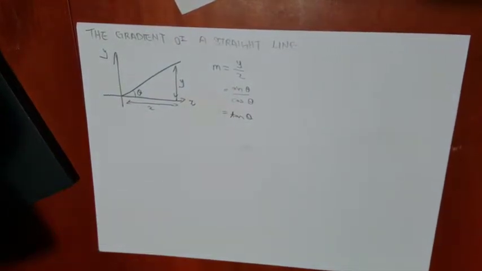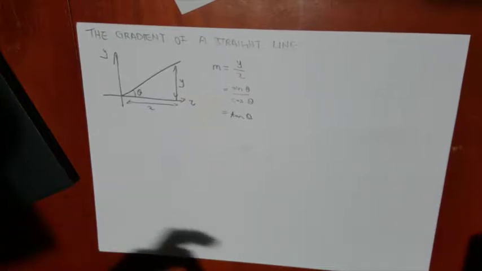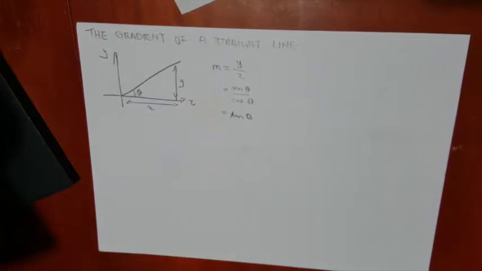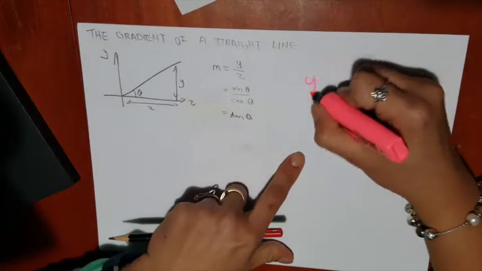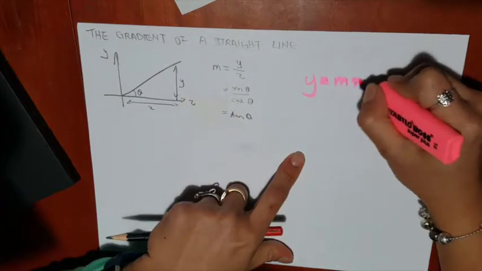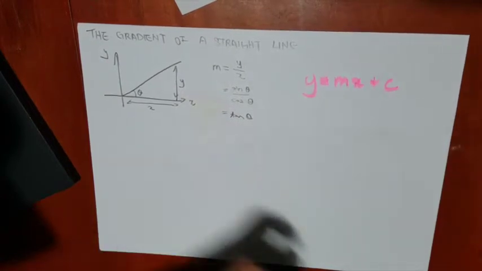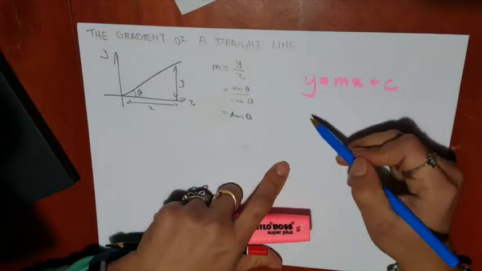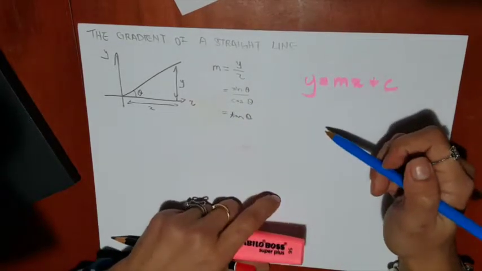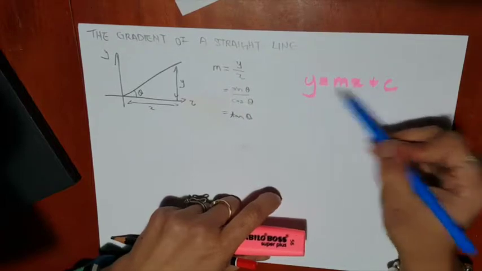Another important concept that you need to know is the equation of the straight line. As we have learned previously, the equation of the straight line is y equals mx plus c. What do I mean by that? So, x and y are obviously a point on the line, so that's just the coordinate.